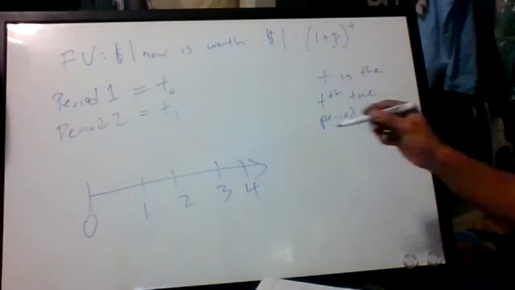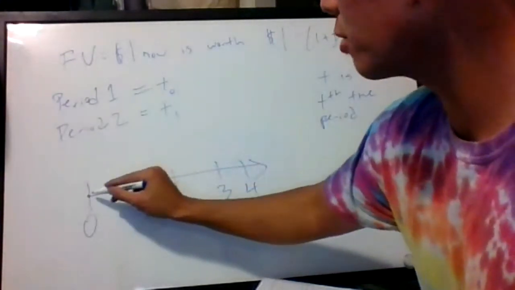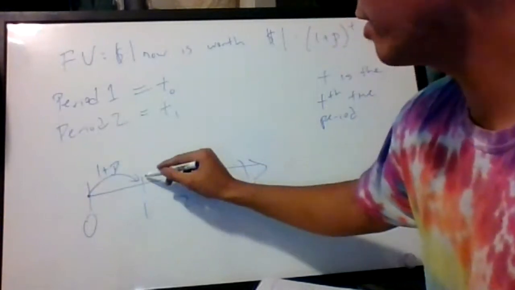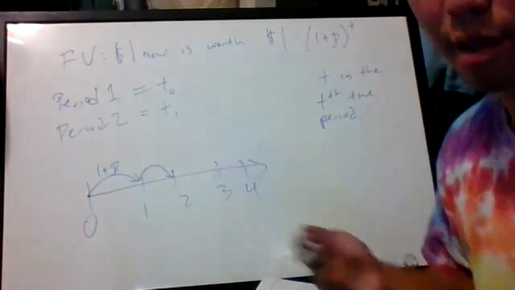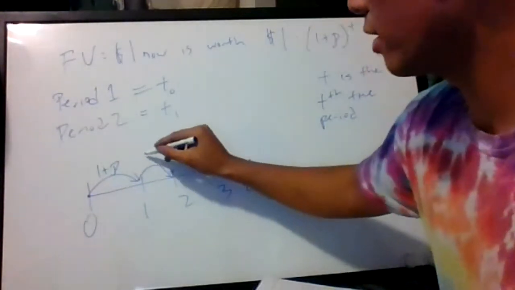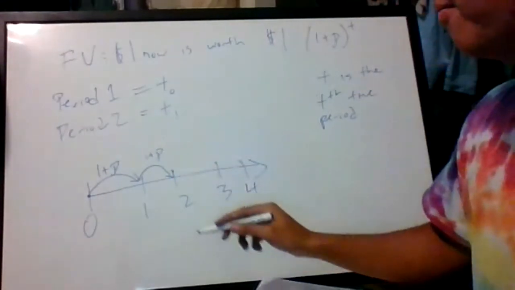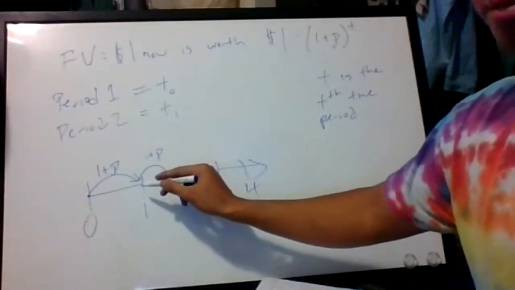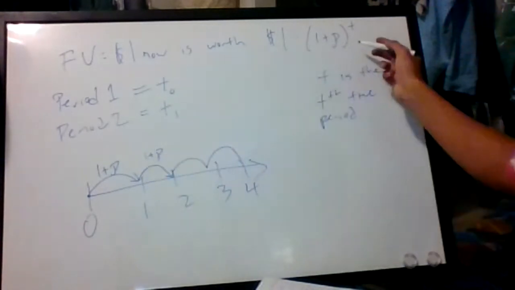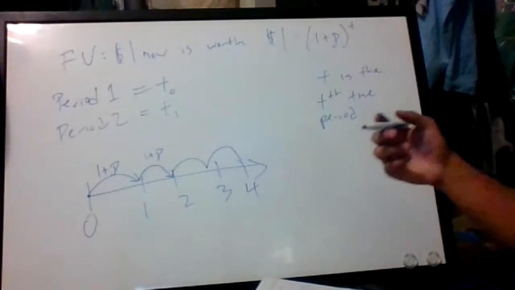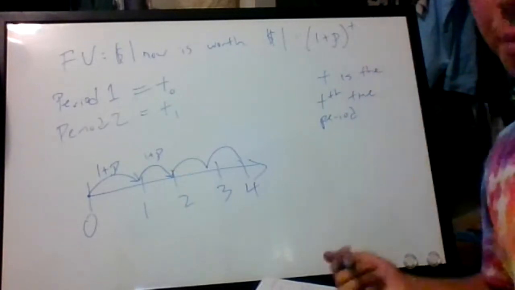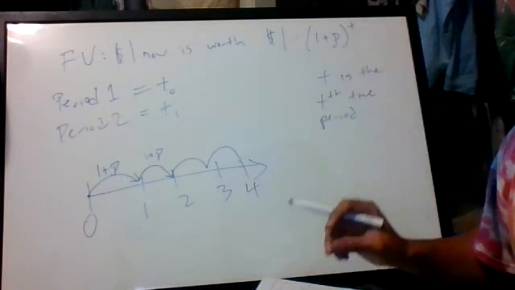But essentially, money that's grown here grows at 1 plus rho, and then it'll grow again. So this is the idea of compounding interest. It'll grow at this rate again. So this money that we have right here is 1 plus rho, and then you multiply that again, and you keep doing that for however many time periods we're working with. That's why we raise it by an exponent equal to the time period that we're dealing with.